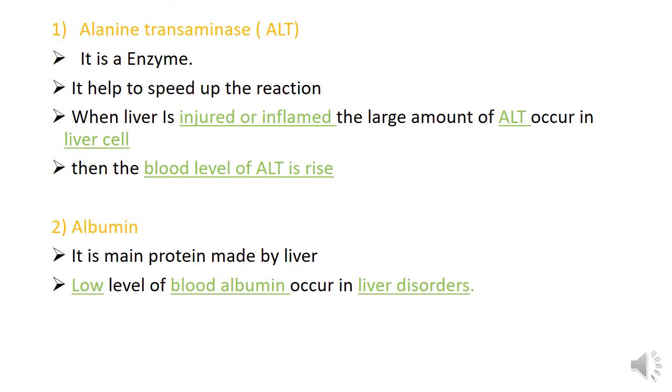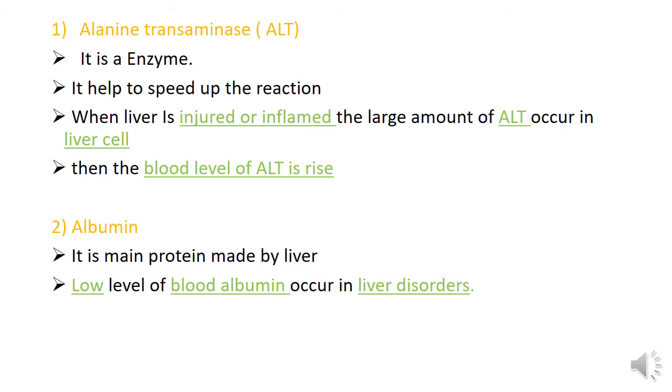First is alanine transaminase, ALT. It is an enzyme and it helps to speed up reactions. When the liver is injured or inflamed, a large amount of ALT is released from the liver cells.